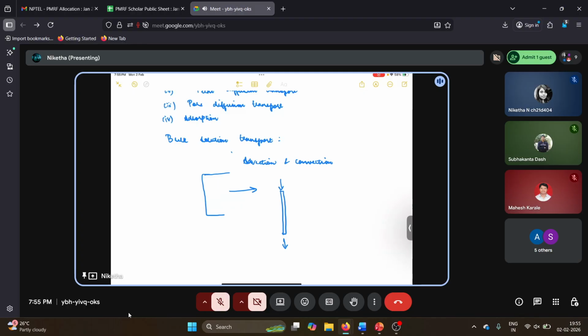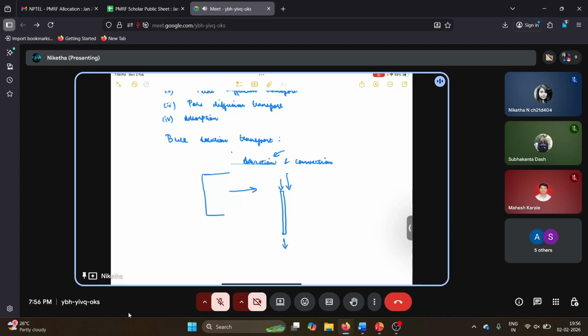Advection means using some kind of force, like some kind of velocity. What this means is we need some pushing action for the liquid, and then the contaminant will come in contact with the adsorbent.